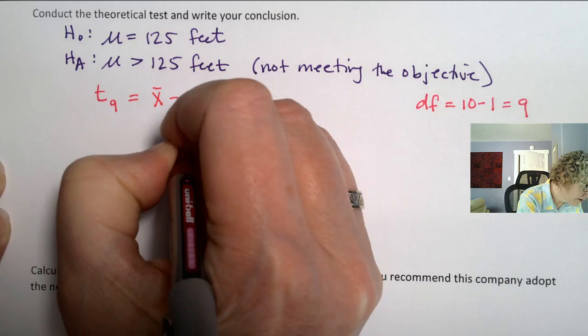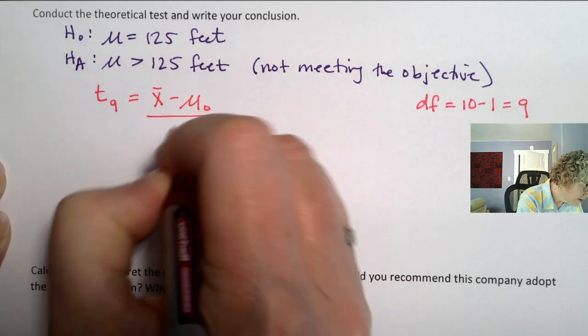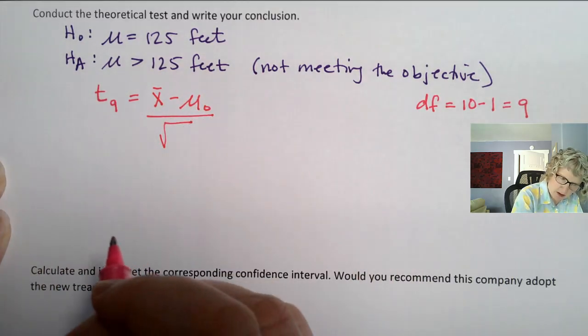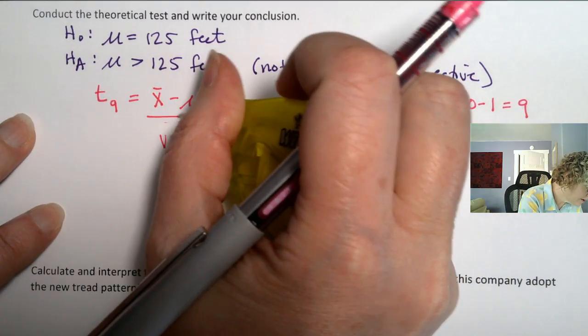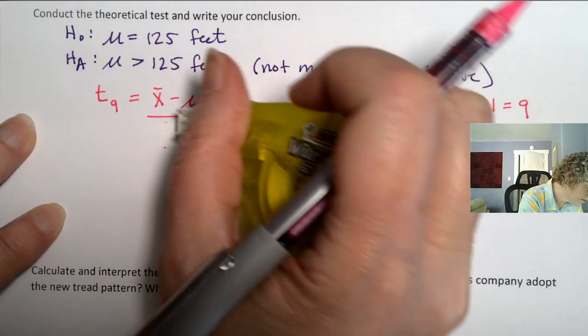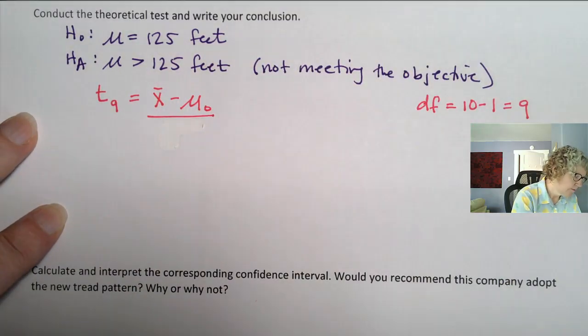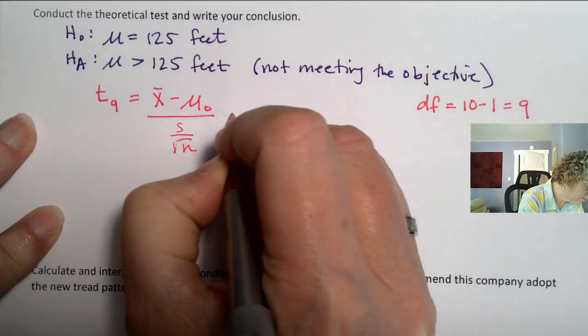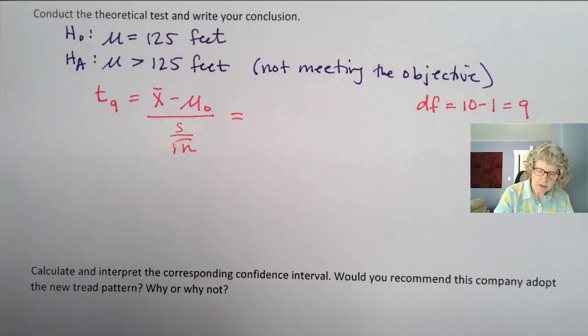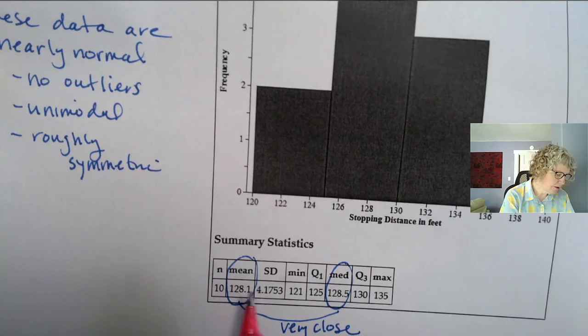X bar minus mu 0 over, oops, I'm too used to proportions with my square root there. S over square root of n. Okay, and now let's fill in these numbers. So I need my sample mean, which is also very handy from Statplet here. That's the 128.1.